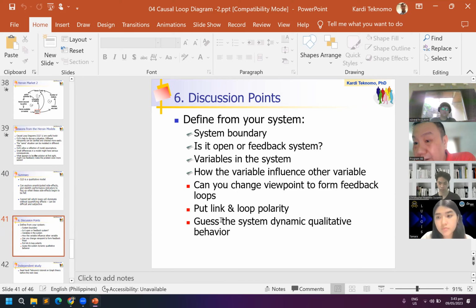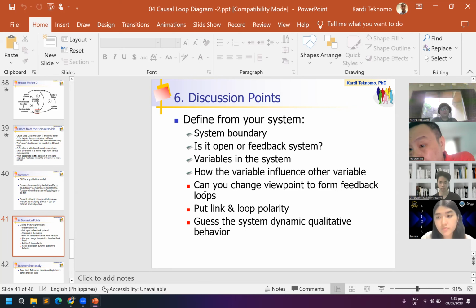From there, you develop the system that you want to develop, the dynamical system that you want to develop. So, is there any question so far? Is it clear or not?